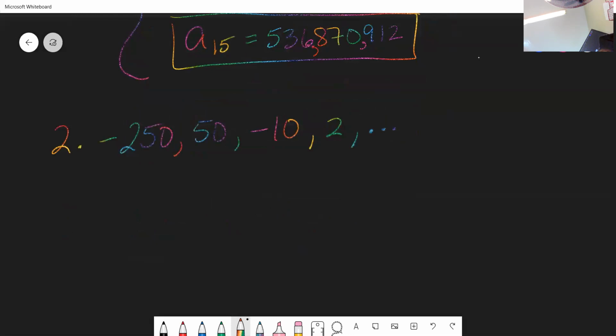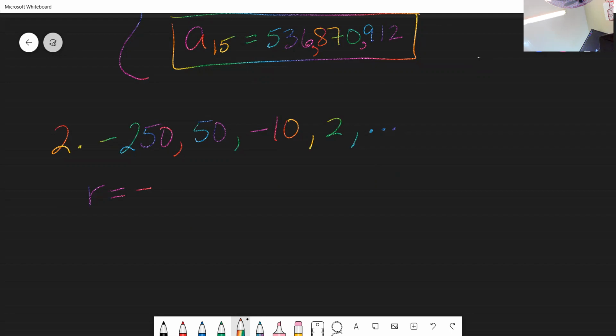The other thing we need to recognize is that these numbers are getting smaller. As we move through the sequence, they're getting smaller, which means we are multiplying by a fraction, which is the definition of division.